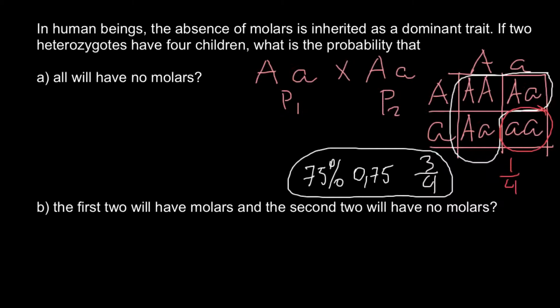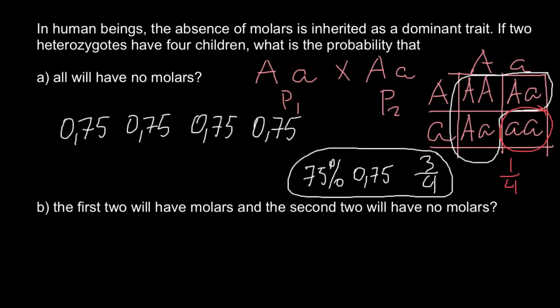So we can use, for example, the probability for the first child to have no morals to be 0.75. And what is the probability that the second child in this family would also have no morals? As you see, chances are the same, 0.75, and the same chances would be for all 4 children.